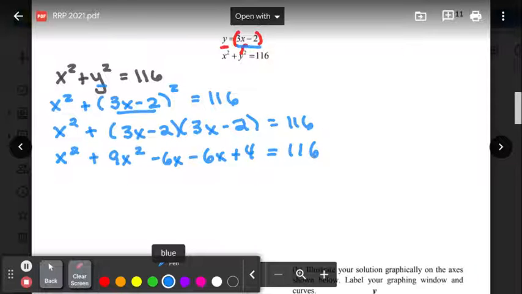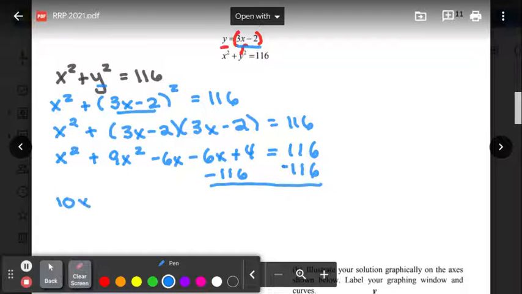Because we have an x squared, I'm going to get this side equal to 0, and at the same time combine all my like terms. So I have 10x squared minus 12x minus 112 equals 0.